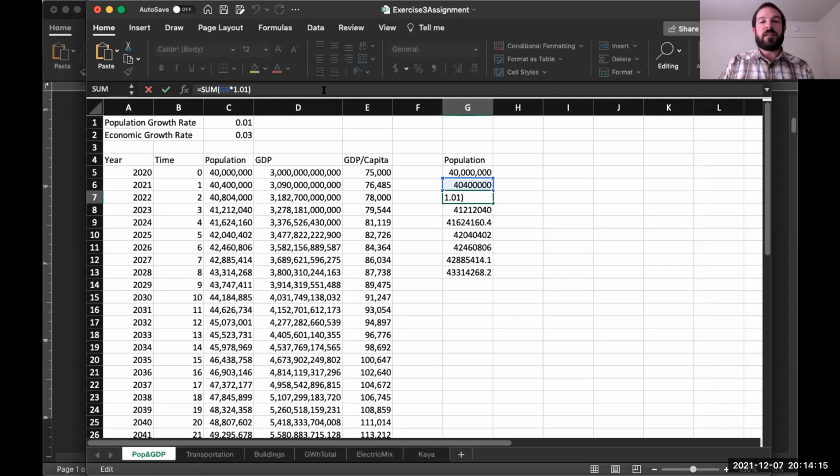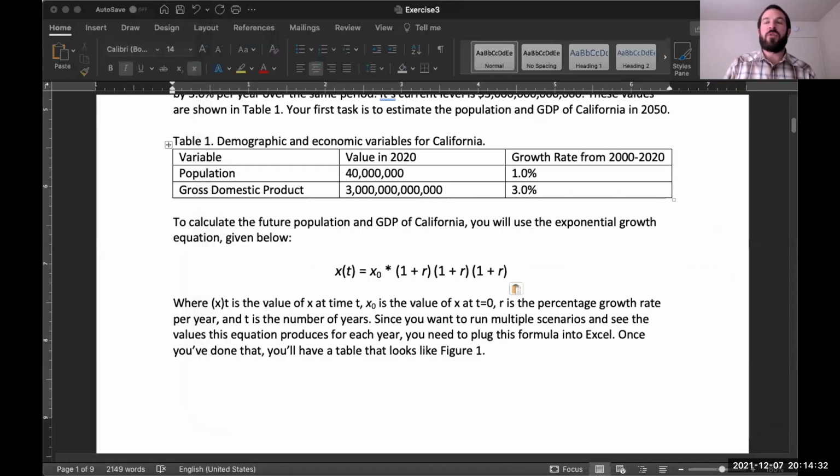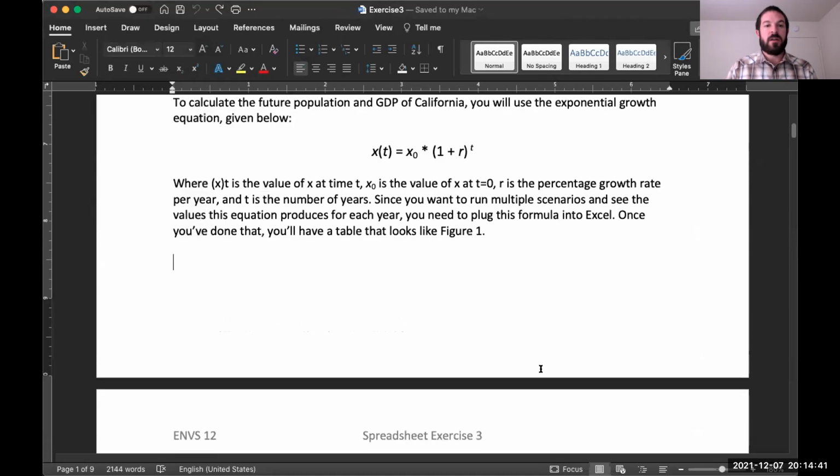Okay, and that's mathematically the exact same as raising 1.01 to the power of 2. There are a number of ways you could do that. This sheet uses that growth equation because I wanted you to see what that equation looks like and how it would work in a scenario like this.